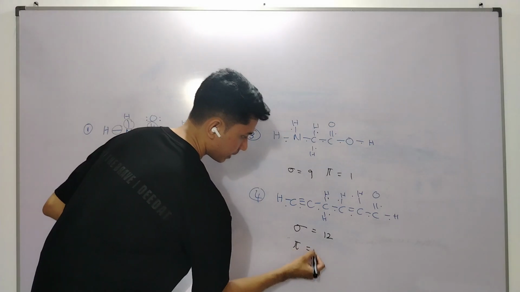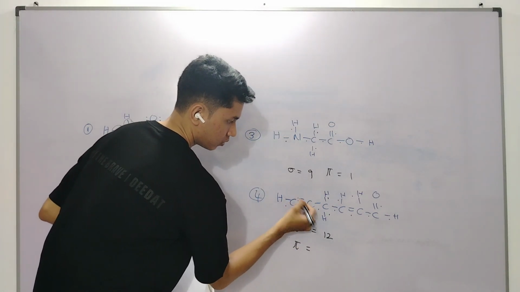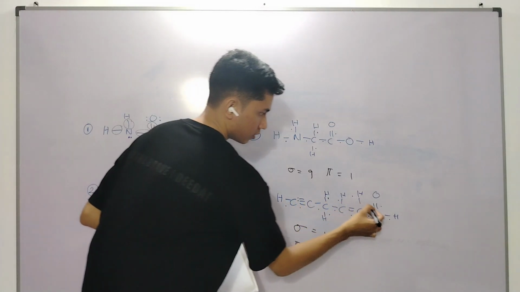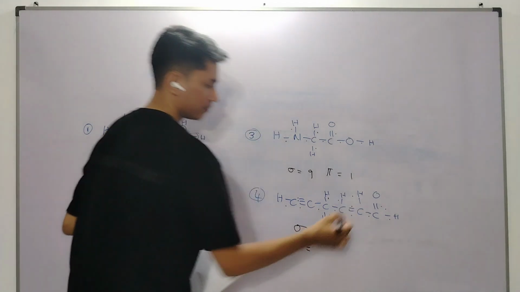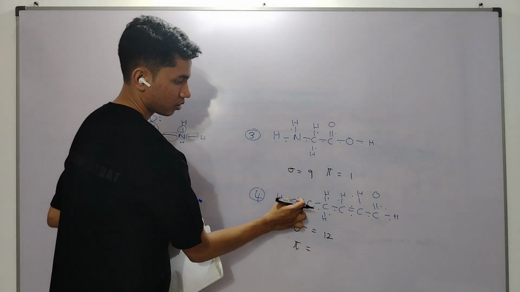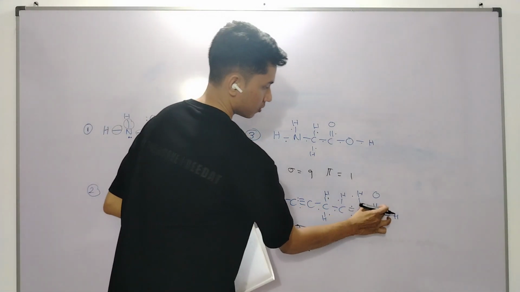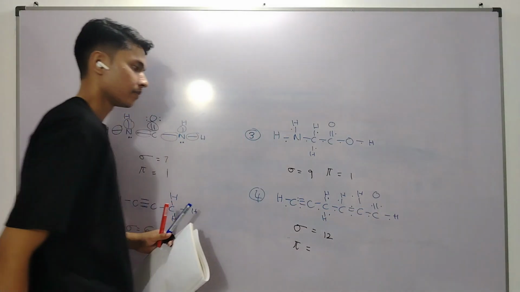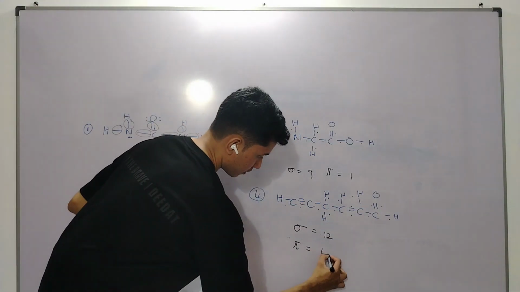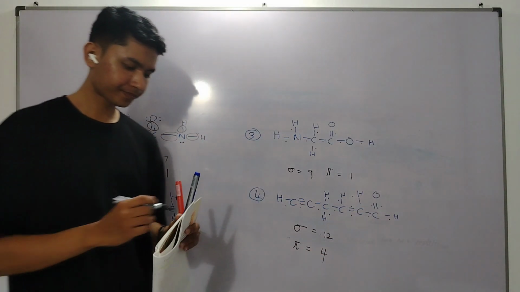How many pi bonds? 1, 2, 3, and 4. Okay, 4 pi bonds.